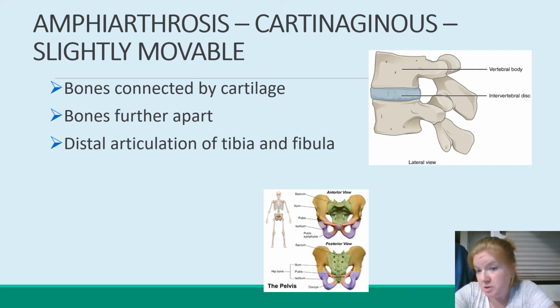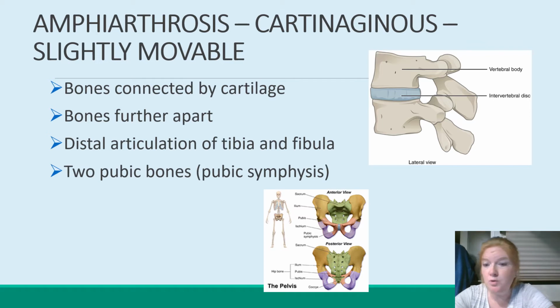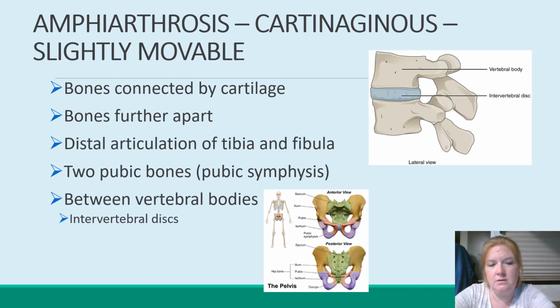Some locations where you find this: the distal articulation of the tibia and fibula, close to where your tarsal bones are. The two pubic bones, where your coxal bones join together at the pubic symphysis, right in the anterior part. And between your vertebral bodies, you can see the intervertebral disc. It's a cartilaginous disc in between the vertebrae.